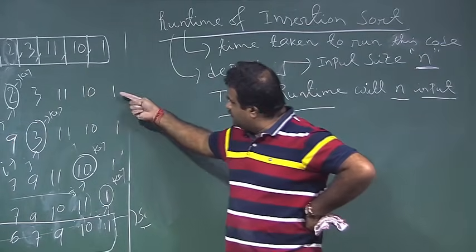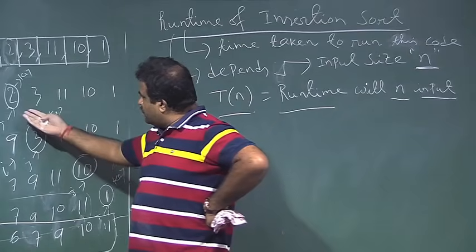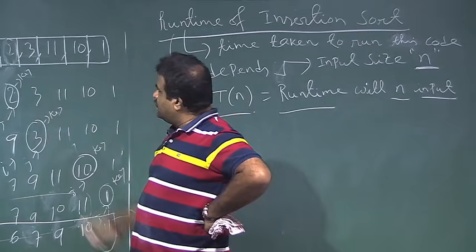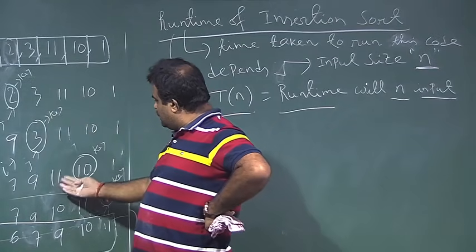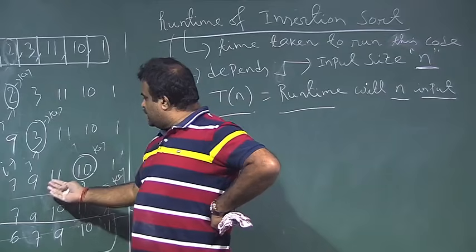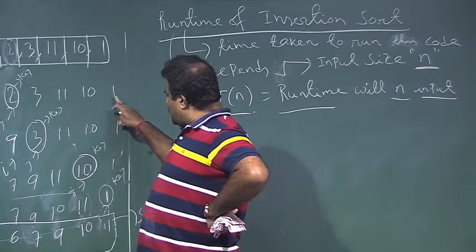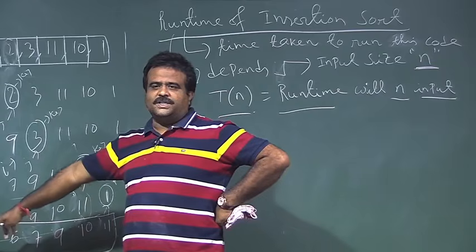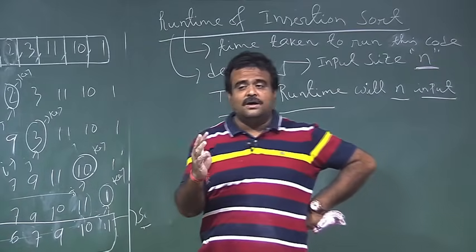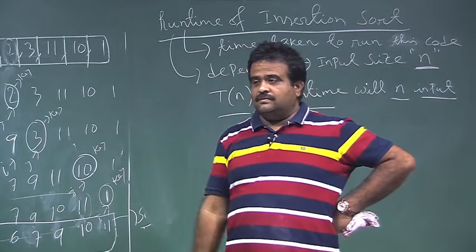Here if you see this one, for example, if our input is this input, now for this 11, we are just not doing anything, just one comparison. But for this one, we have to come a long way to the beginning. So, runtime will depend on the input pattern.